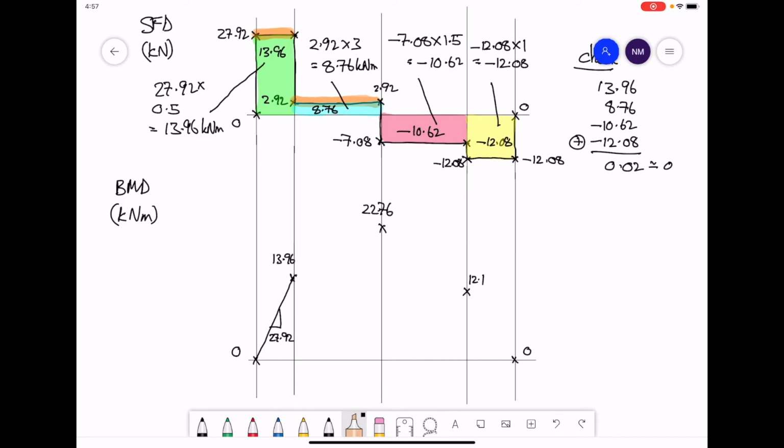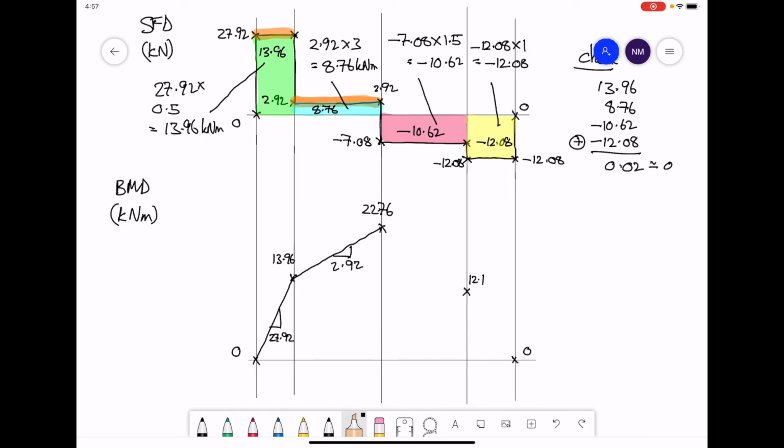In the next region, we have constant gradient or constant shear force again, 2.92. In this region, we would have a line of constant gradient. The gradient of this line being the value of the shear force, 2.92.